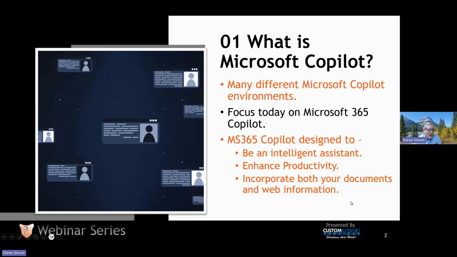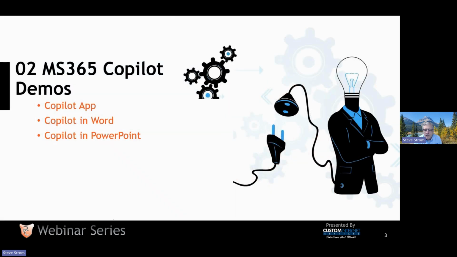So as we stop today to talk about Microsoft 365 Copilot, I'd like to start out with a series of demos to help us see some of the functionality that's there. We're going to go through a series of 3 demos. The 3 demos are designed to use the Microsoft 365 apps that you have, but they are also designed to showcase different functionality that you can create.